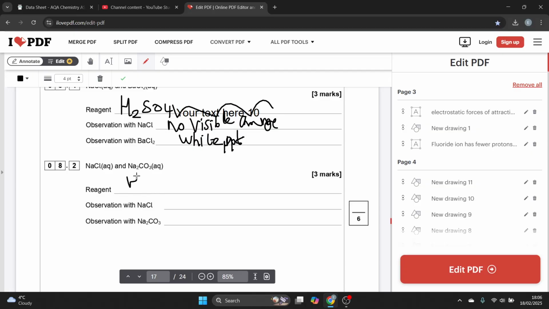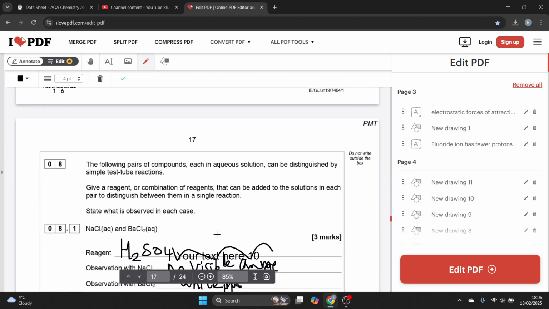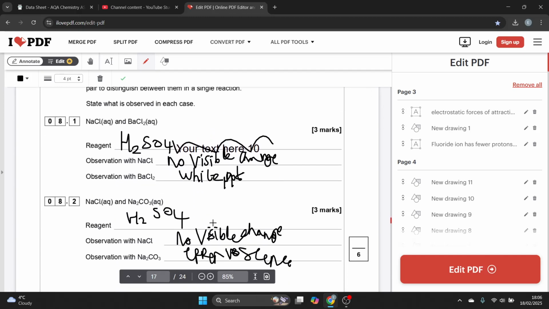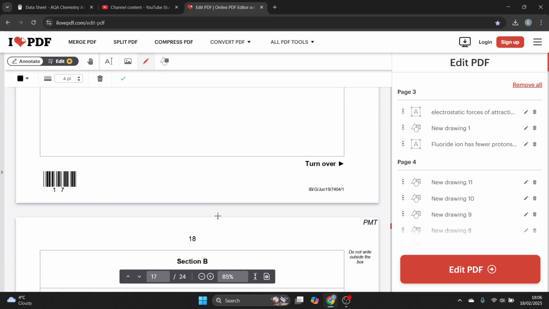I could also use H2SO4 again. So use H2SO4: sodium chloride, no visible change, and then sodium carbonate, effervescence. That's the end of section A.